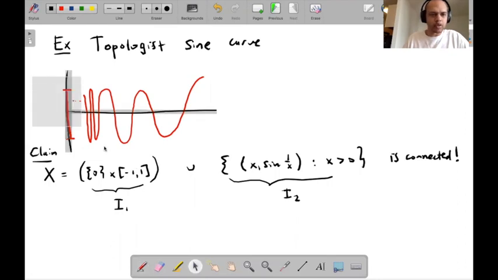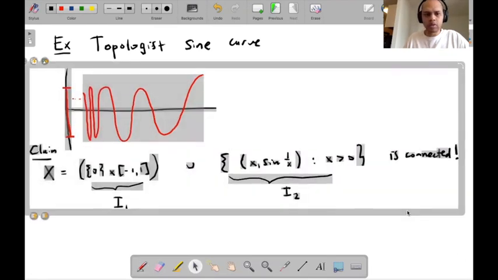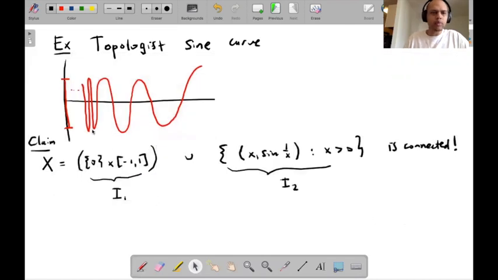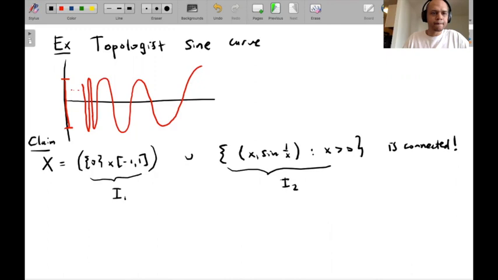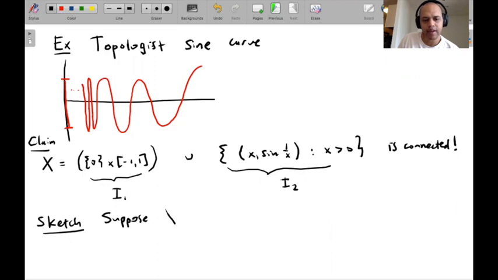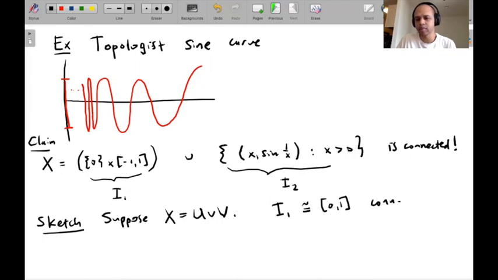Let me try to get a little more space here. So suppose X is U union V with U and V open. I1 is topologically equivalent to the interval [0, 1], so it is connected.